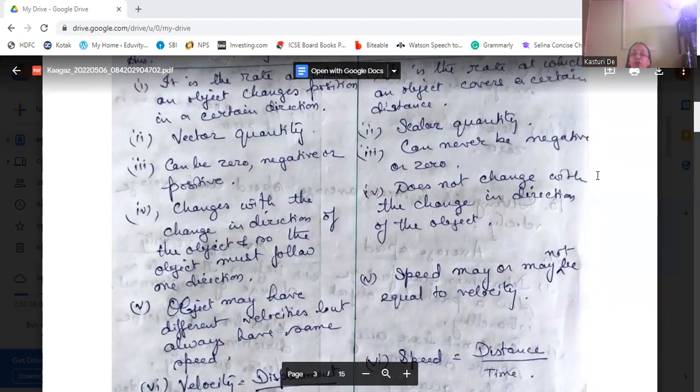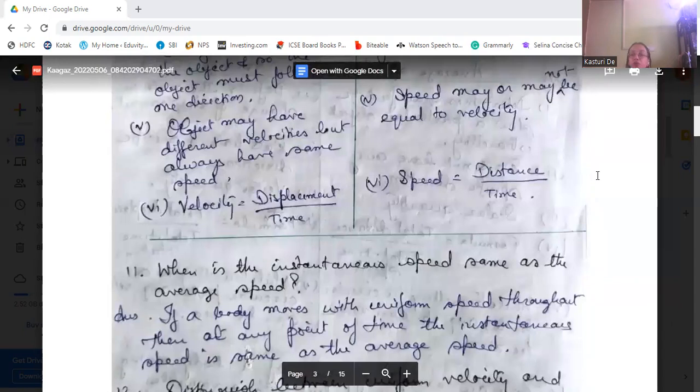An object may have different velocities but always the same speed. Speed may or may not be equal to velocity. Velocity is equal to displacement by time, speed is equal to distance by time.